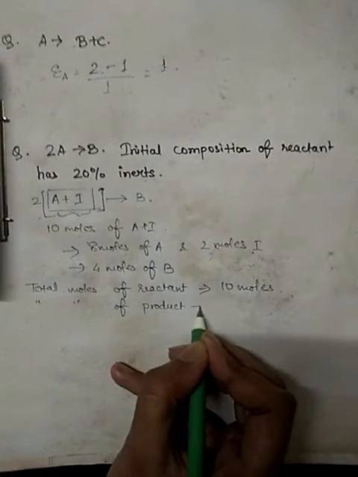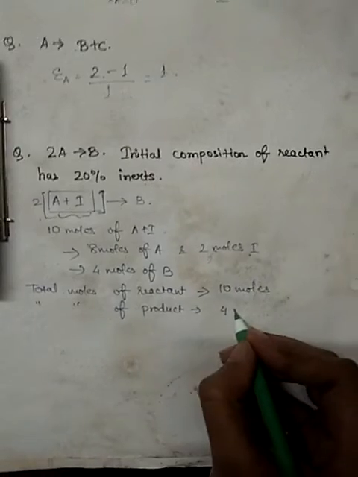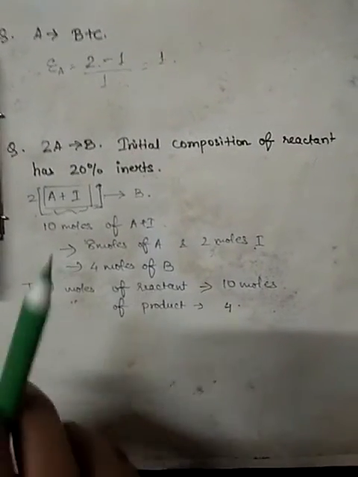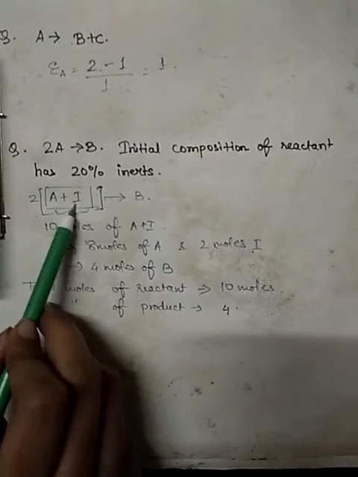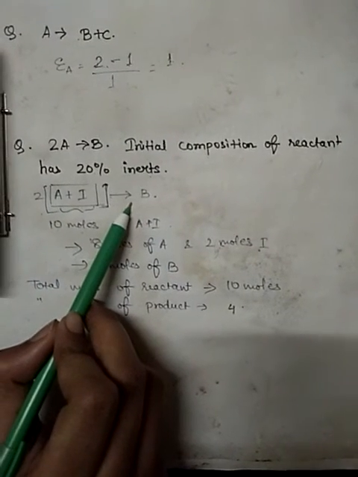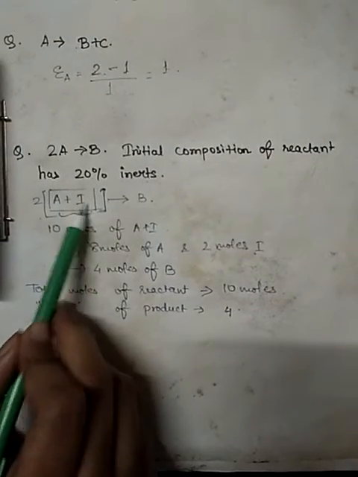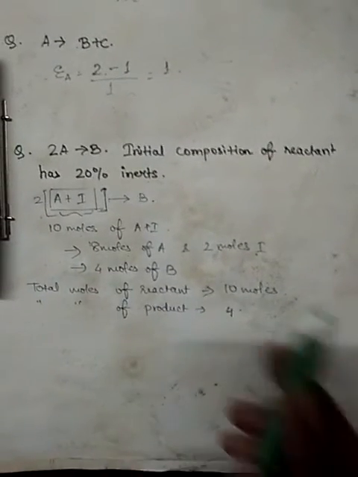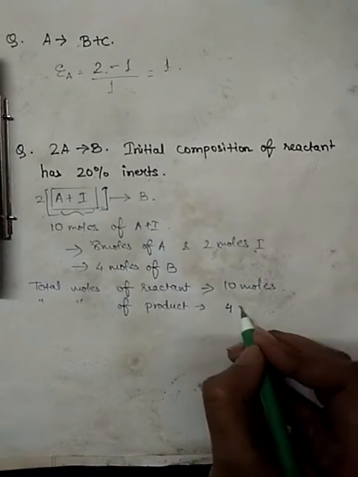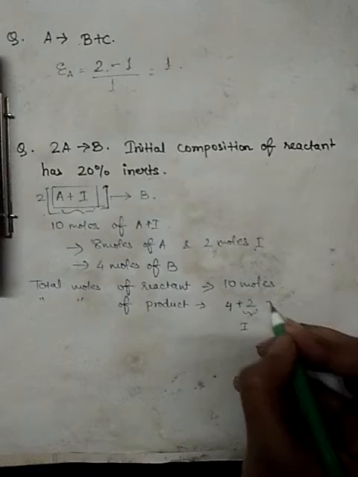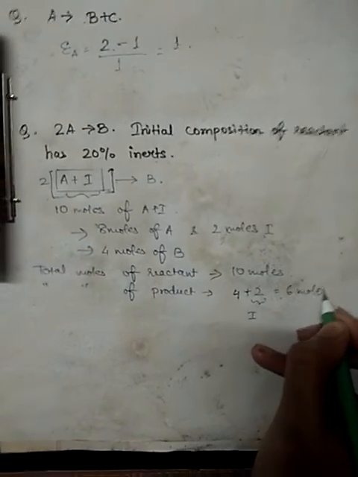See, in the product we are getting 4 moles of B from 8 moles of A. No issues with that. But remember one thing, the inert doesn't take part in the chemical reaction. So A is the only one reacting, and I comes out as it is with B. So it becomes 4 plus 2, that is 2 for the inert part, equals 6 moles.